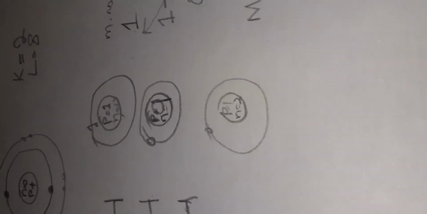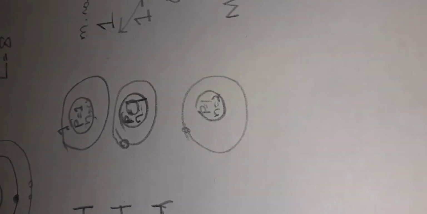Right? Now in the case of tritium, the mass number is 3. So 3 minus 1 will be 2. This means that the neutron number is 2. So in all these, the number of protons is the same, whereas the number of neutrons is changed.